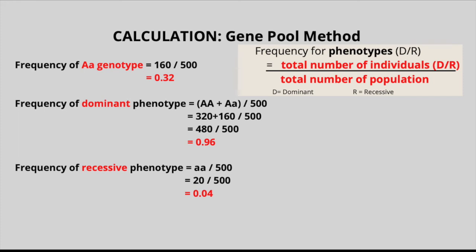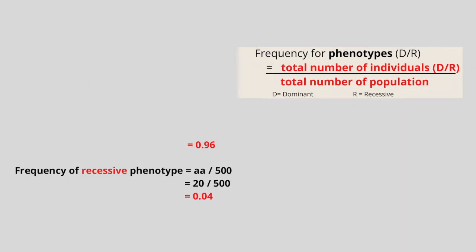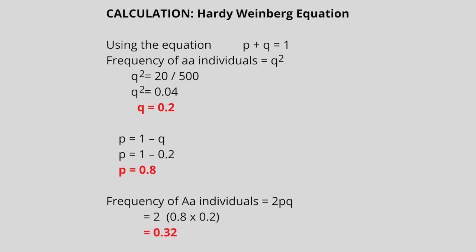To calculate the frequency of the recessive phenotype, total number of recessive phenotype divided by total population. The recessive phenotype consists of homozygous recessive aa. 20 divided by 500 equal to 0.04.